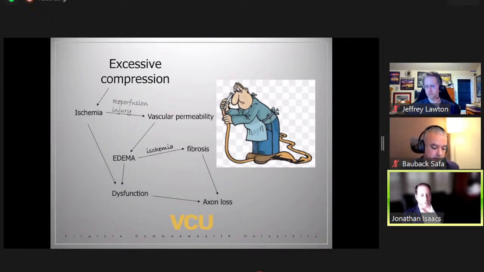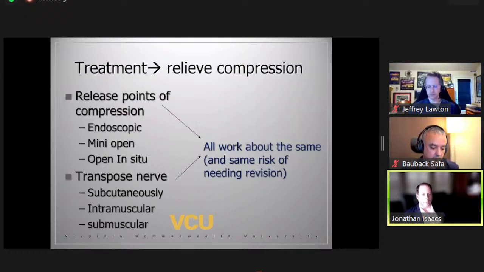And now not only is there bad dysfunction, the dysfunction can potentially be permanent. And I think everybody knows that you can potentially break this cycle early on conservatively, but if not, there's a variety of described surgeries where you release the points of compression.